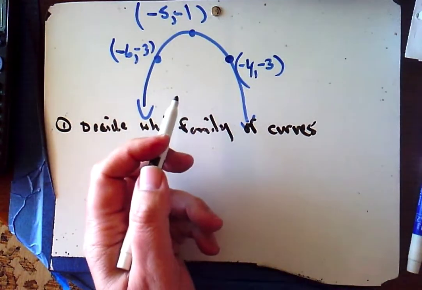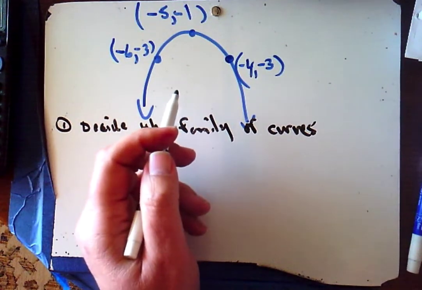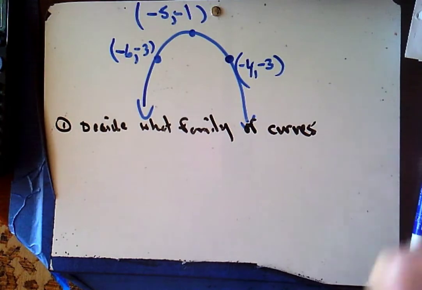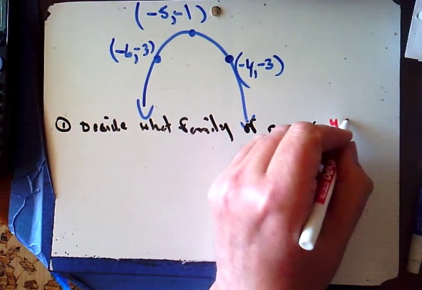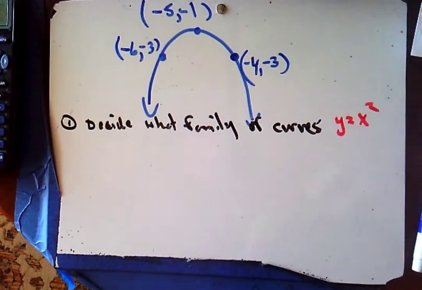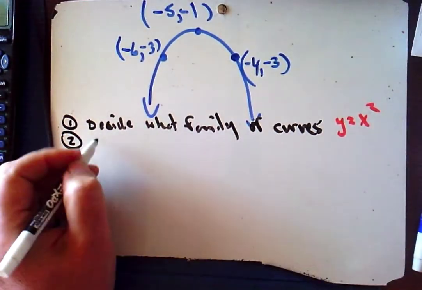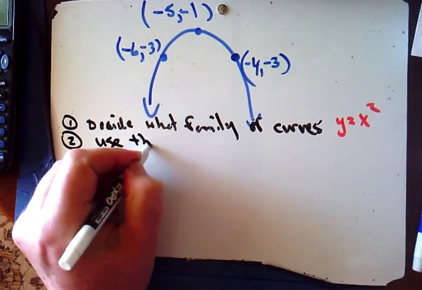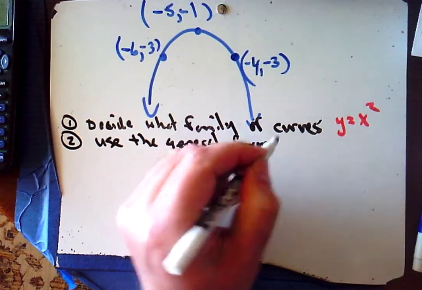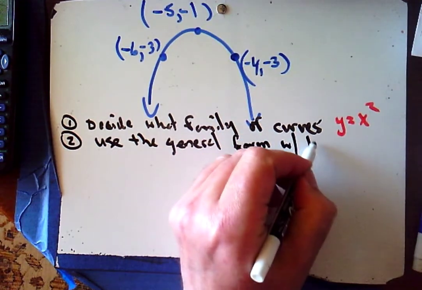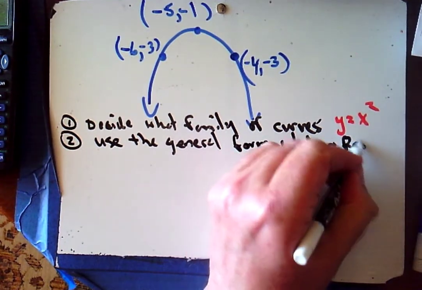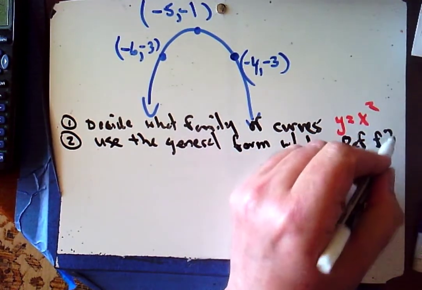Well, is this a square root function? No. Is it absolute value? No. What family of curves is this? Well, this is a parabola. So we know its reference graph is y equals x squared. So then 2, use the general form with your reference function.